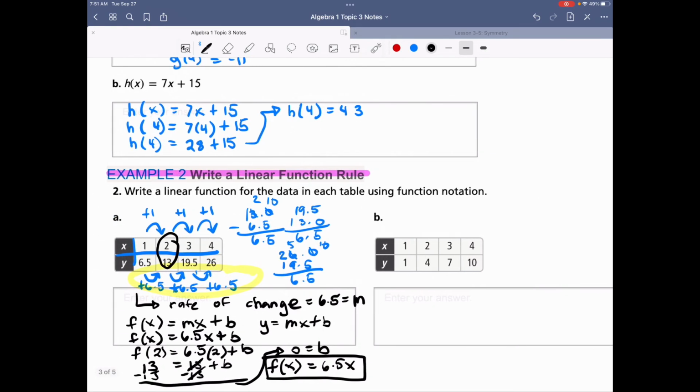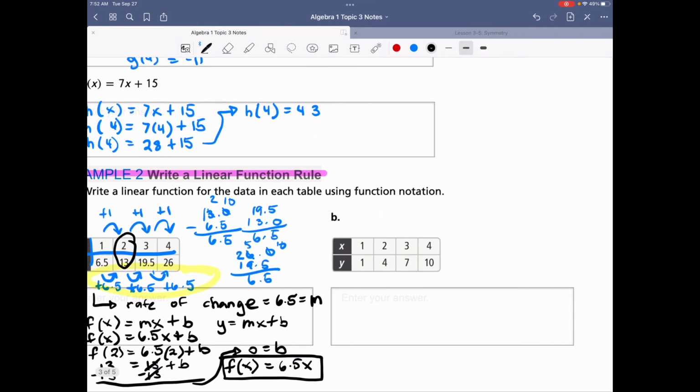Now we also have part B. In part B, we have the x and y values. X is 1, 2, 3, 4. And from here, we know that the pattern goes up by ones. And at the bottom are y values 1, 4, 7, and 10.